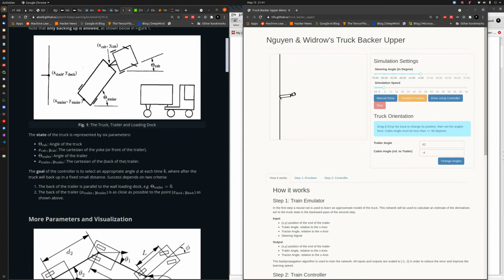As you can see, it has backed up to this point here. So we can spawn it in a random position and see how long it takes to back it up and drive using the controller.